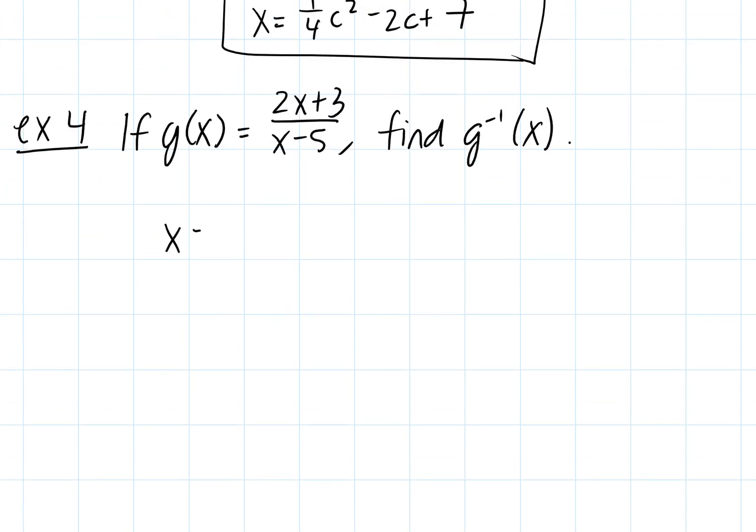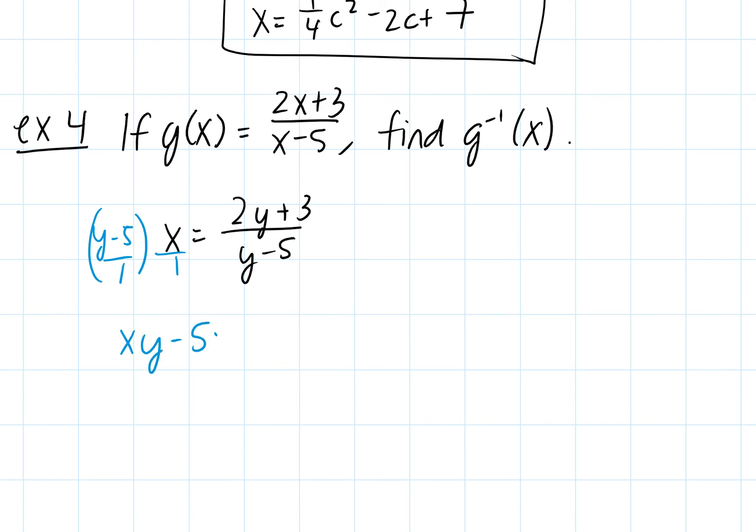So we have x equals 2y plus 3 over y minus 5. This is a rational equation, so I solve by getting a common denominator. So I have xy minus 5x equals... y minus 5 is 2y plus 3 over y minus 5.